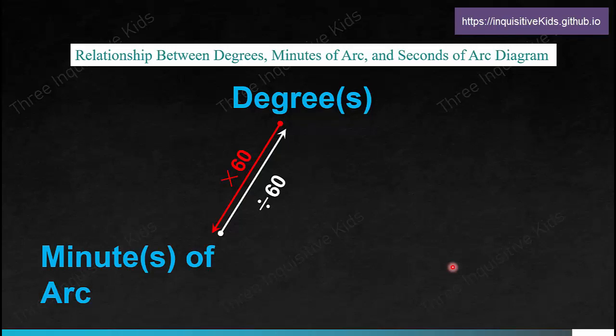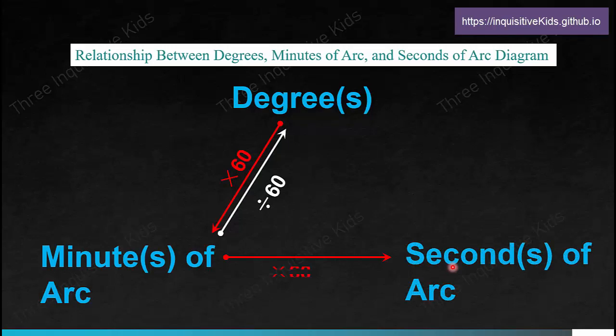So basically you got the idea, because there are 60 minutes of an arc in 1 degree. And a minute of an arc goes down to seconds of an arc. And that's times 60 more, because there are 60 times more seconds of an arc. So the other way around would be divided by 60 to get from seconds of an arc to minutes of an arc. This is a very important angular calculation, by the way.